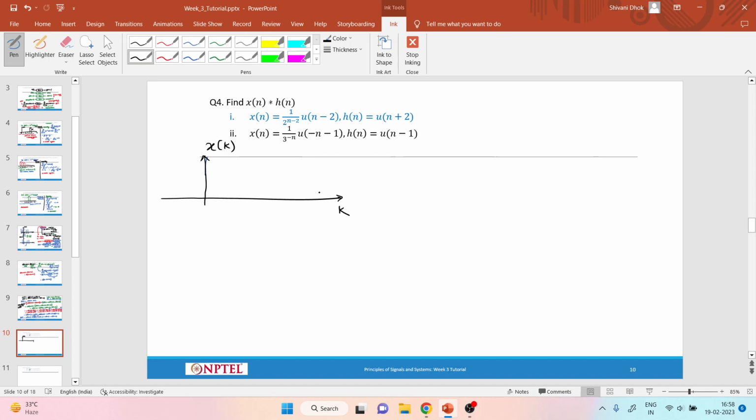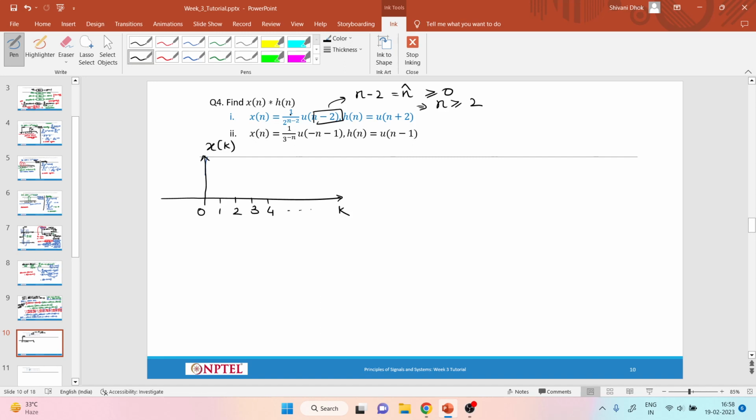This is my k axis. What is it? It is 1 upon 2 power k minus 2, and it is starting from n minus 2. That is, if this is my n hat, that is my n minus 2 is n hat, and this should be greater than or equal to 0, which means this will be non-zero for all n which is greater than or equal to 2. So the signal will be starting from 2 and so on.